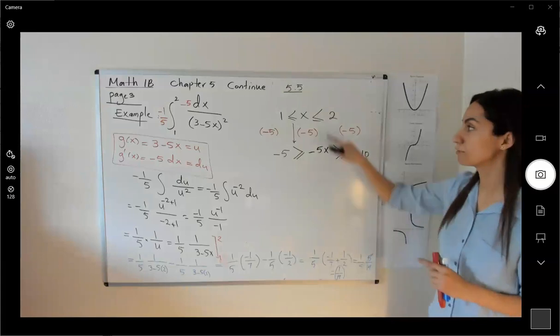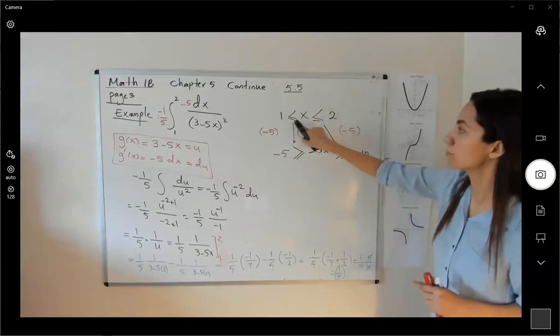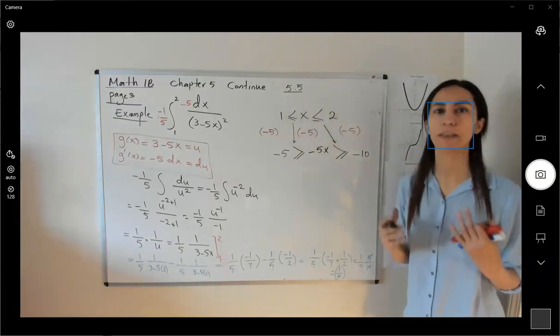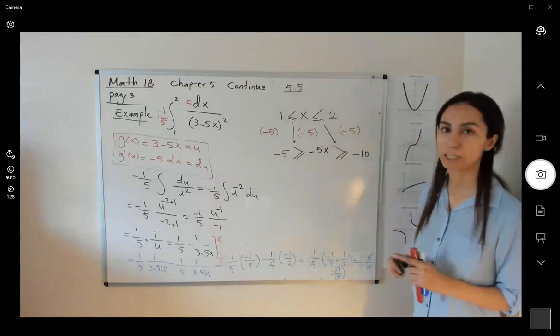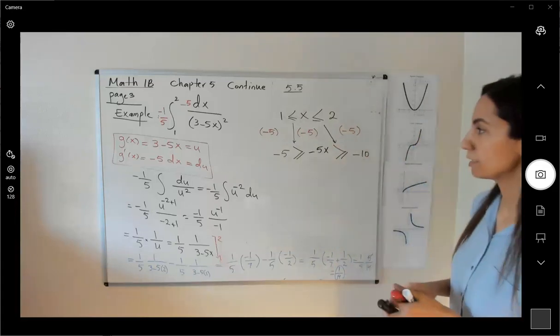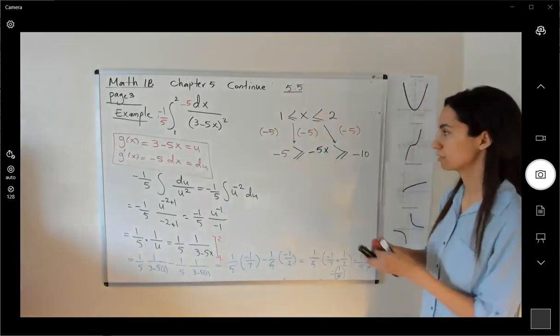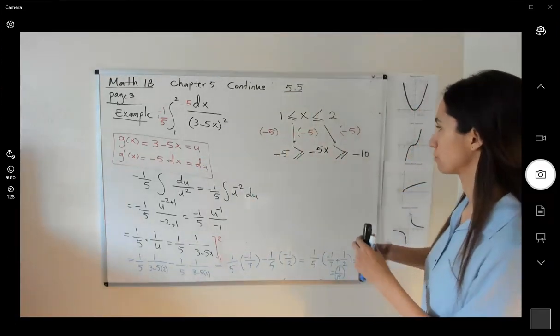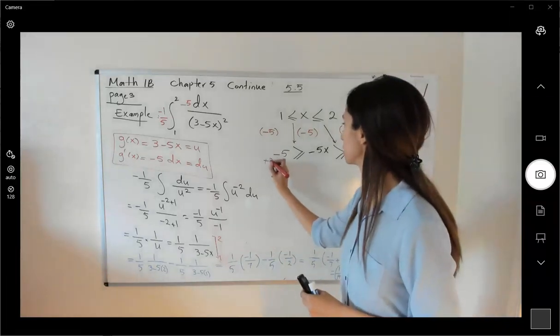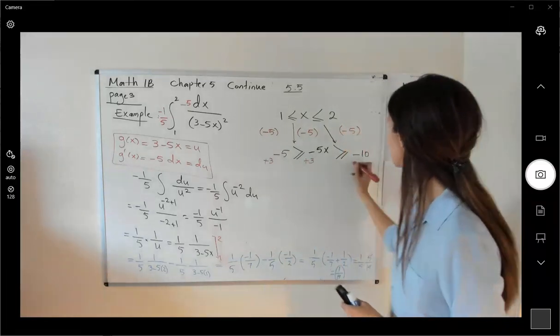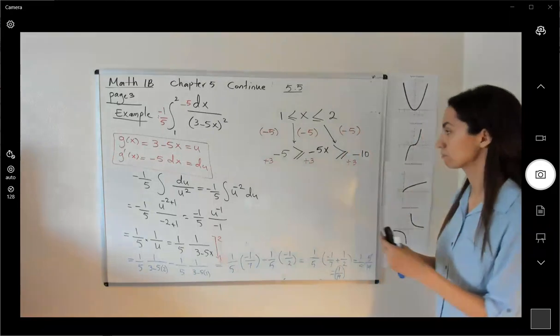Okay? This is very important. Multiplying an inequality by a negative number, you have to flip the inequality. Then it says 3 added to the rest of this. So we add 3, add 3, add 3. What do we get?